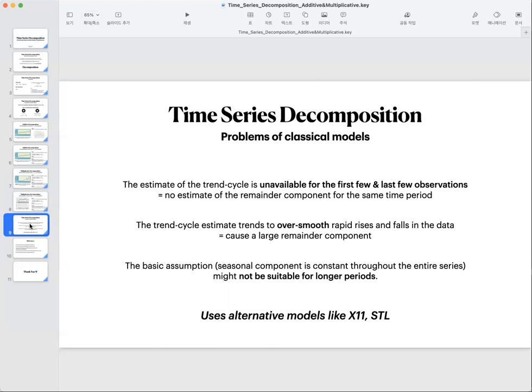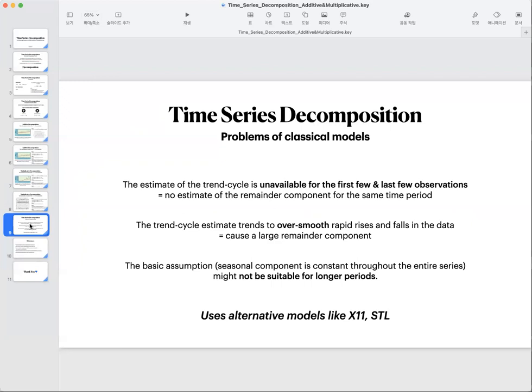Last but not least, the basic assumption that the seasonal component is constant throughout the entire series might not be suitable for longer periods, because many variables can affect the trend.